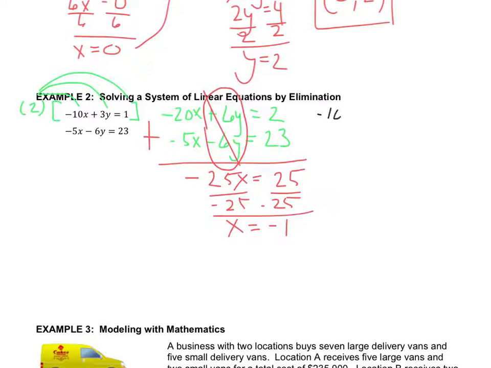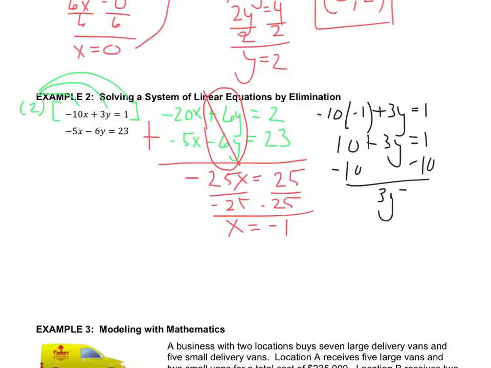So negative 10x is now 10 times a negative 1 plus 3y equals 1. That would become 10 plus 3y equals 1. Then we subtract 10.